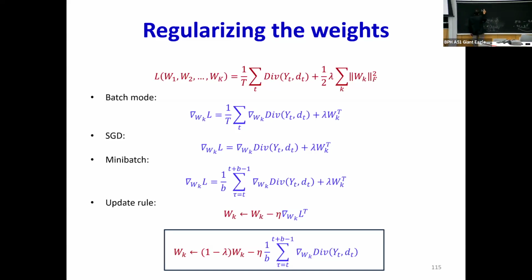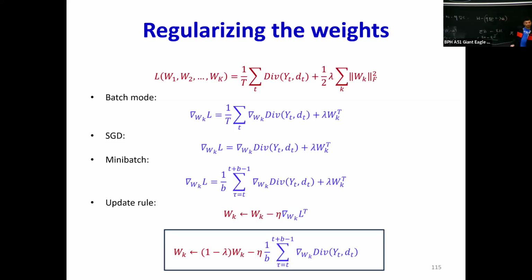We had W is W minus eta times the derivative of the loss, which was W minus eta times the backprop derivative that you got when you perform backprop, plus lambda times W, right?